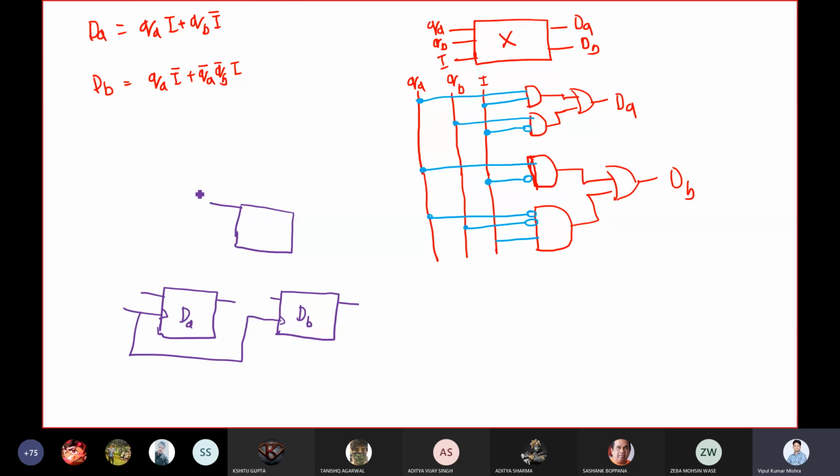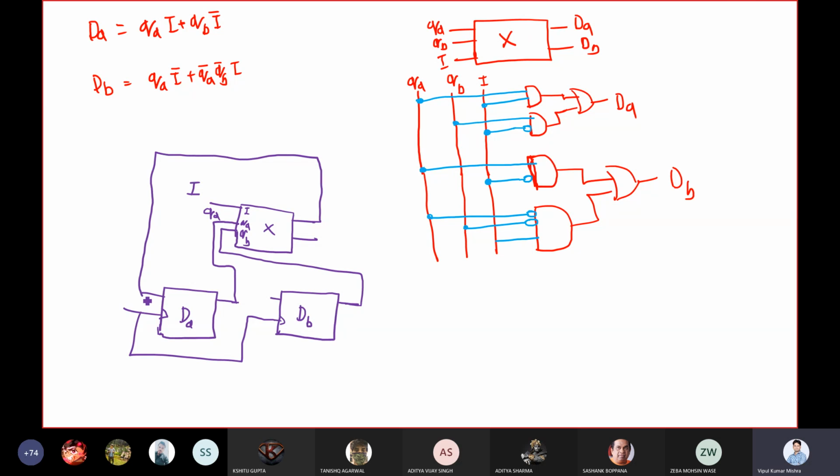This X circuit has one input, I. The second input is coming from QA, and this one will be your QB. Now it has two outputs. The first will go to DA and the second will go to DB. Got it? So this is your entire circuit.